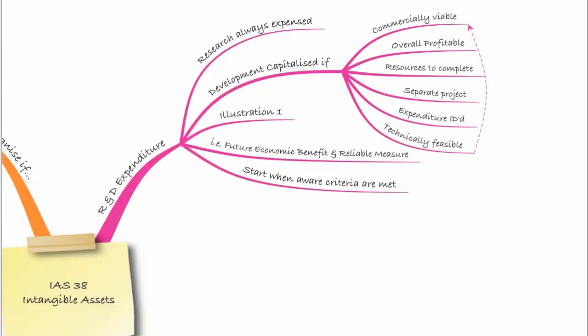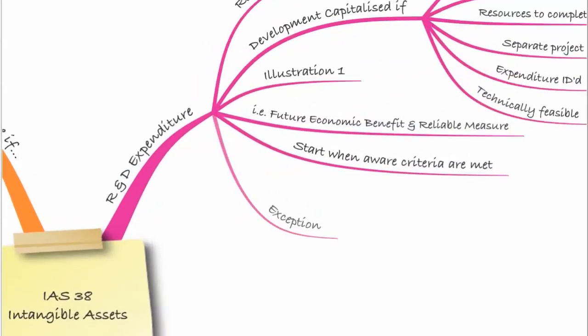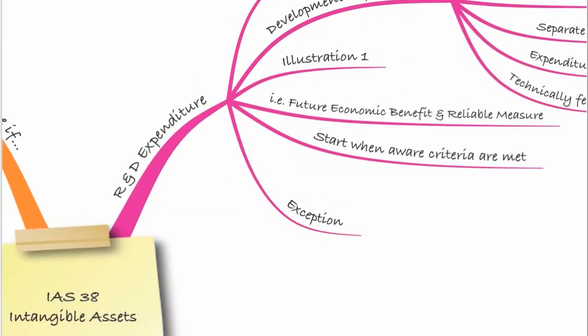So we don't go back to previous expenditure that we think, well, we spent that previously on this product. We're going to now, instead of writing it off, capitalize it. That's not the case. You simply start capitalizing from the date that you were aware the criteria are met. And there's an exception. This is an exception to the expensing of research and development.